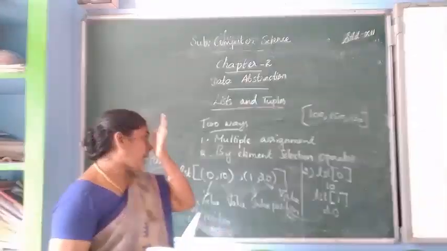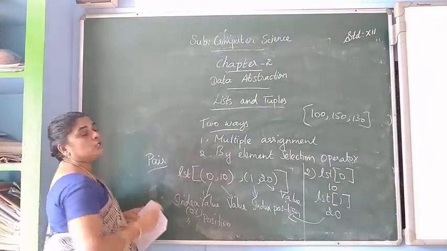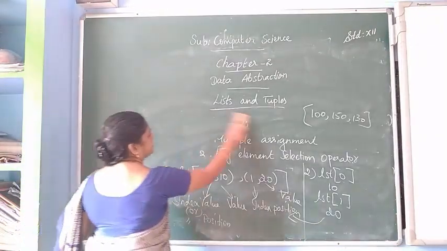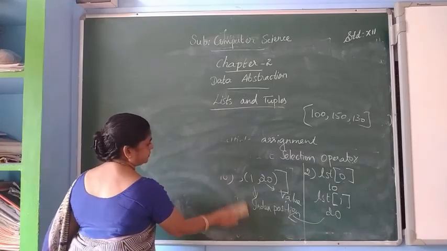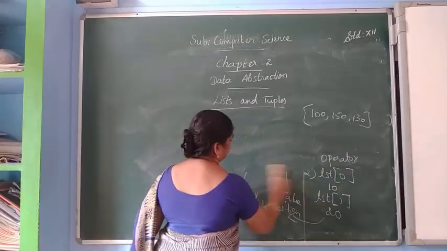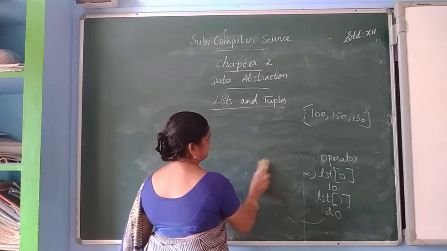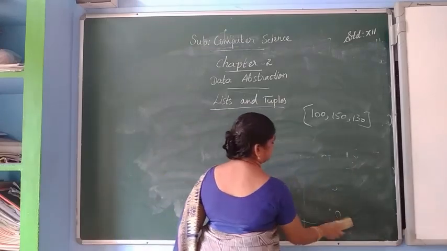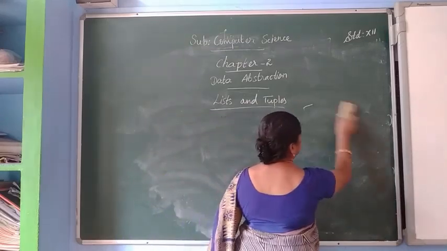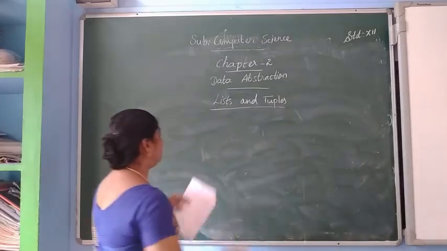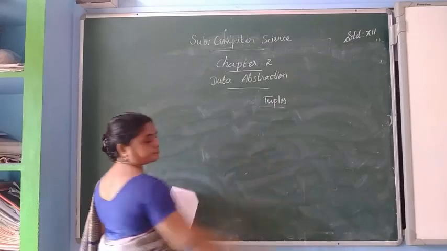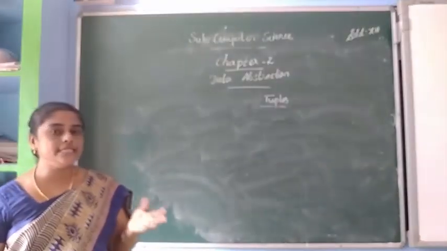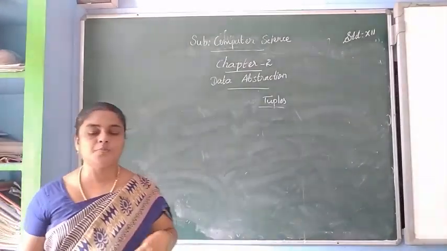The next we can see about tuples. Next one, we can see what is a tuple. Okay, same as list, only a slight difference in tuple.